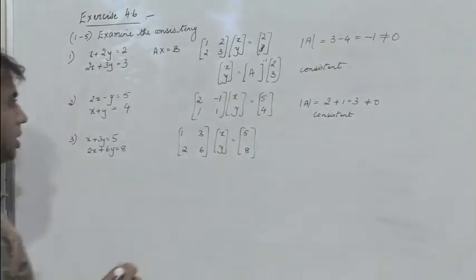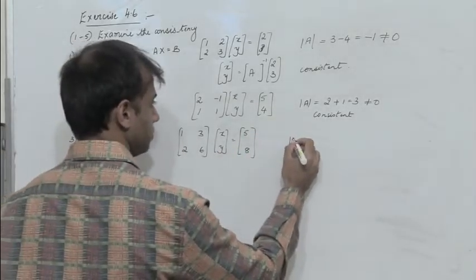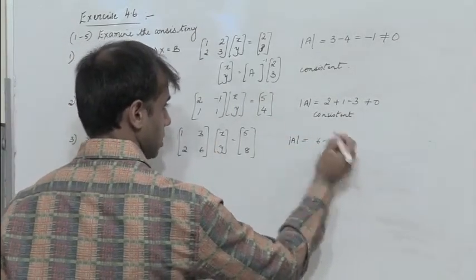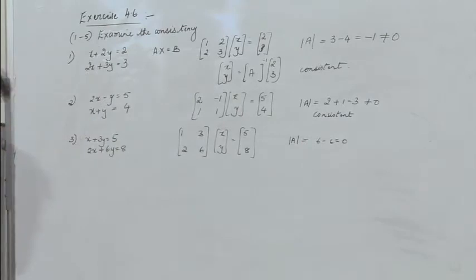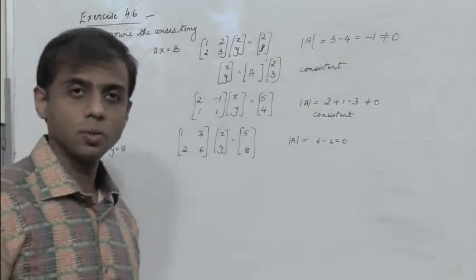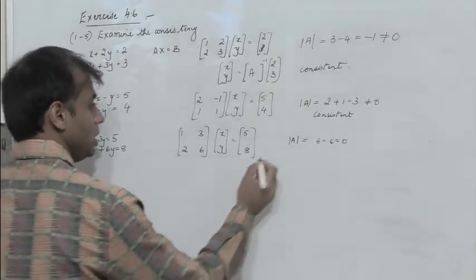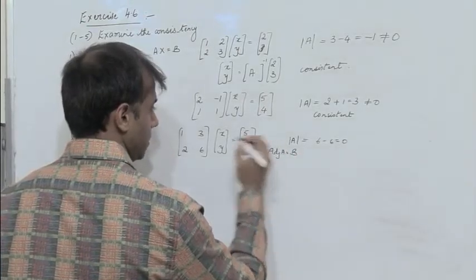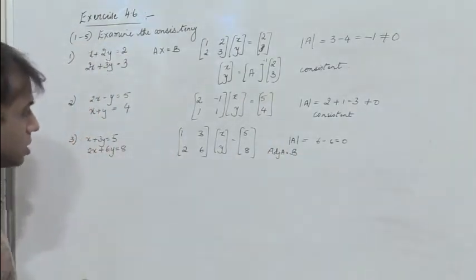So find the determinant of this matrix. So I have 6 minus 6 equal to 0. So now we cannot just conclude that the system is inconsistent. We need to find out adjoint A into B, right? So what is adjoint A?